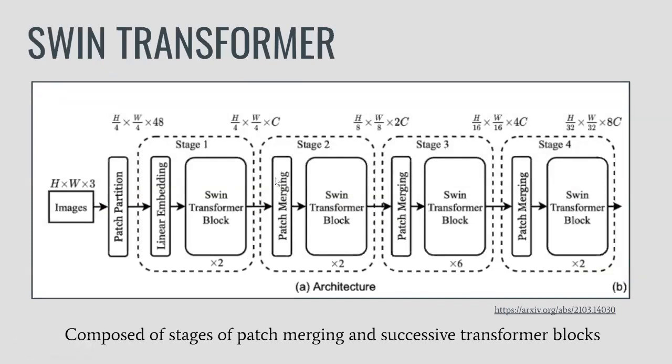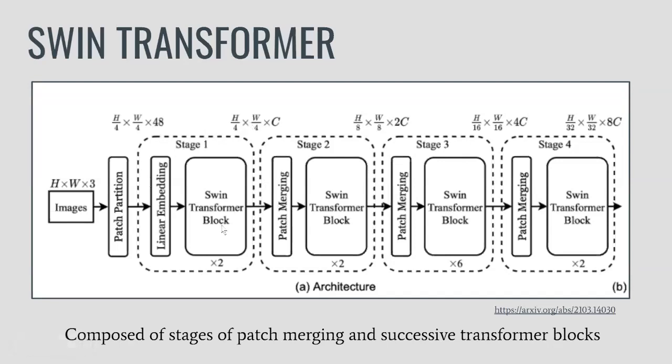Several transformer blocks with modified Swin transformer blocks are applied to these tokens. The transformer block maintains the number of tokens, H by 4 and W by 4, and together with linear embedding is referred to as stage 1.